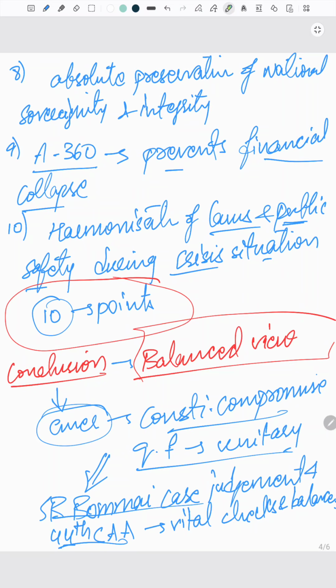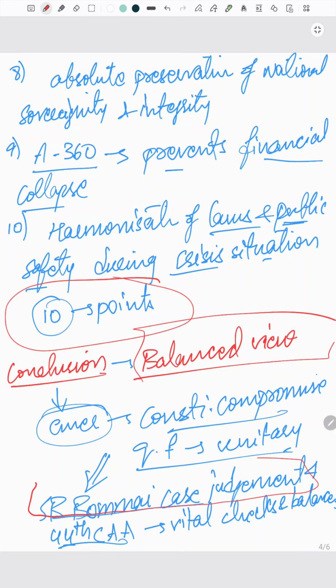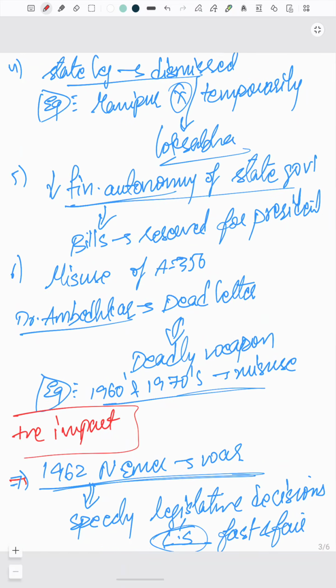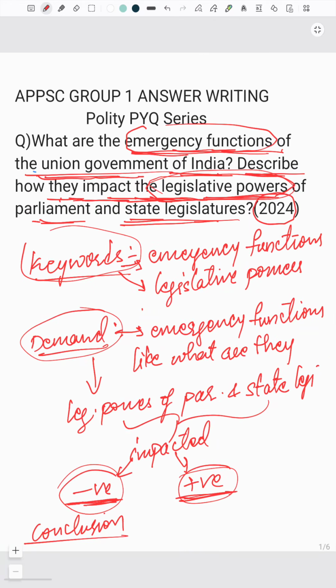So you have to highlight the SR Bommai case judgment and the 44th Constitutional Amendment Act in your conclusions. As I told you, cases, judgments, amendments and articles are very necessary to fetch more marks, right? See, this is the overall view of how we can answer a question in a better fashion.